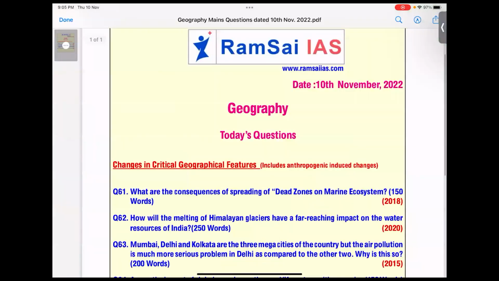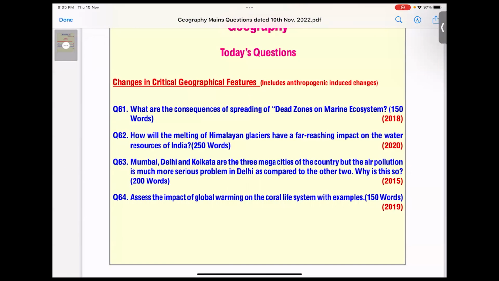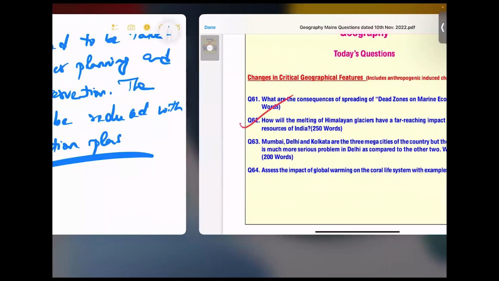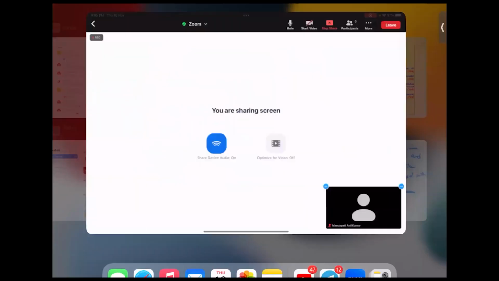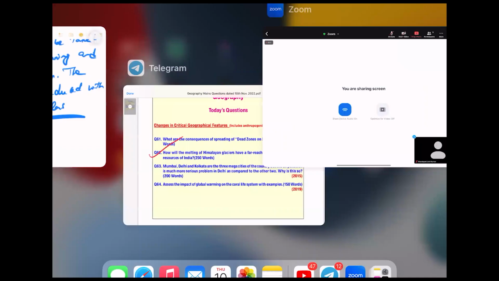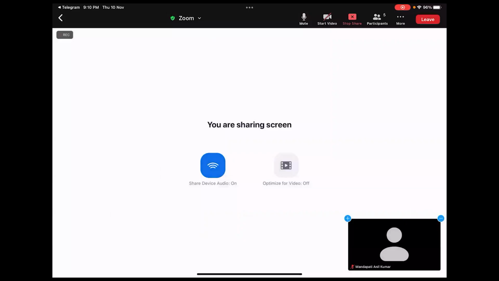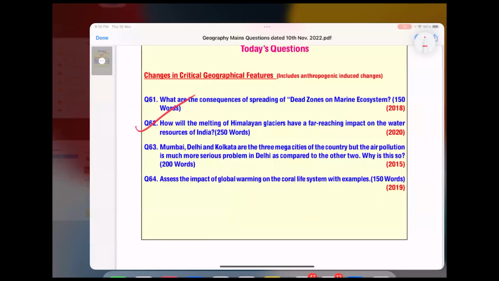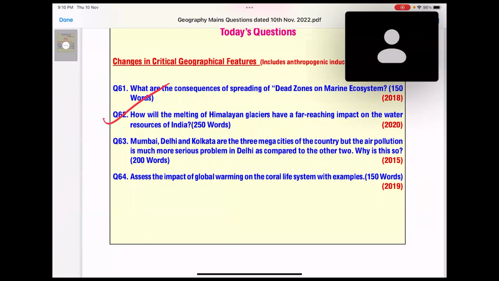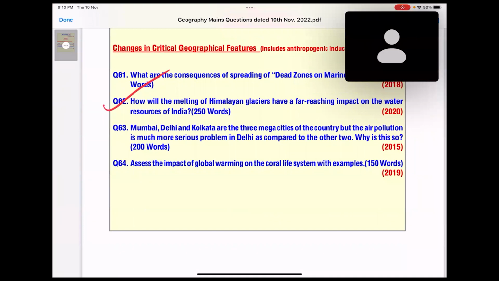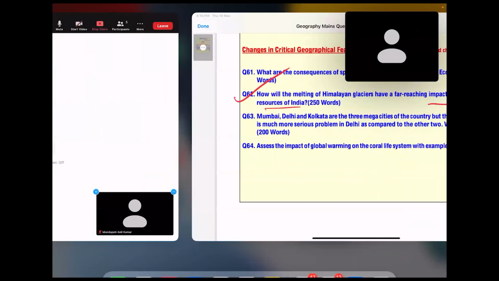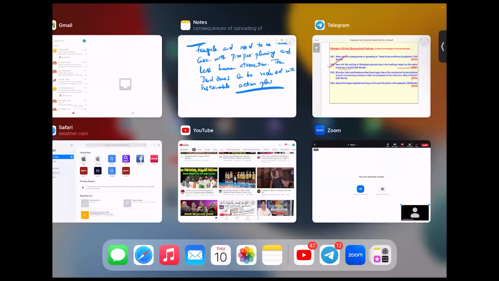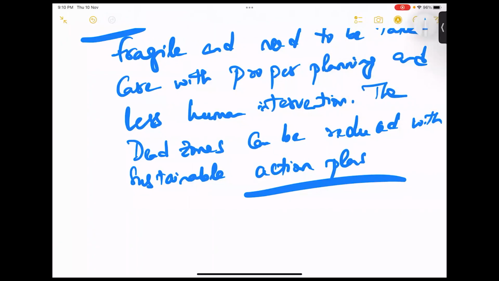How will the melting of Himalayan glaciers have a far-reaching impact on water resources of India? Good points, Mahesh.